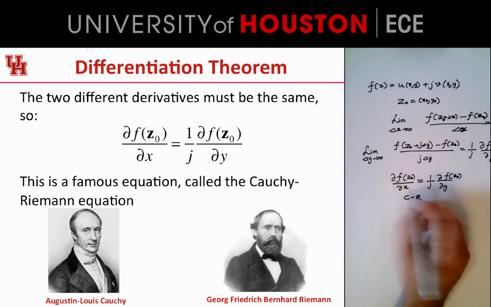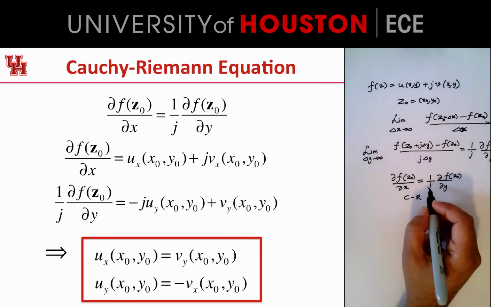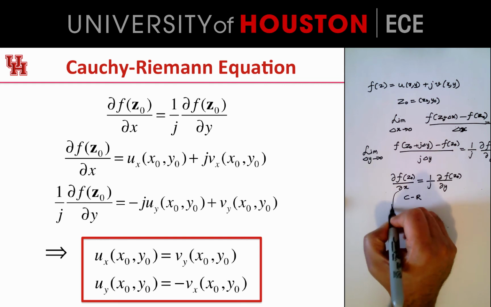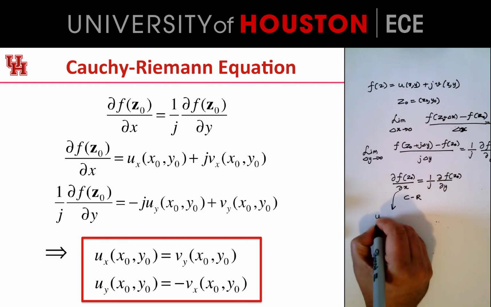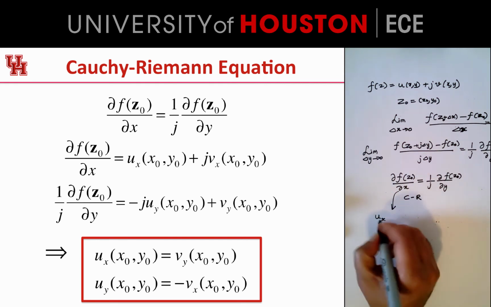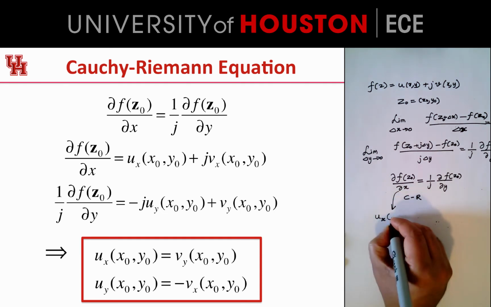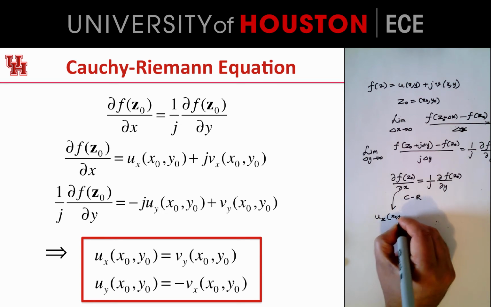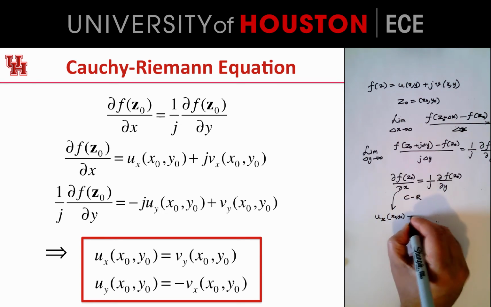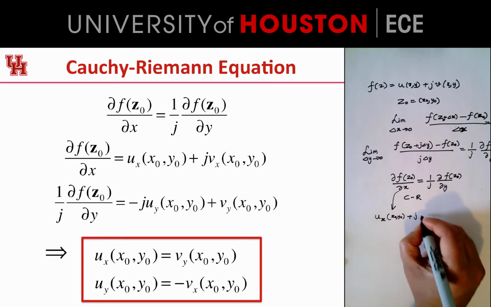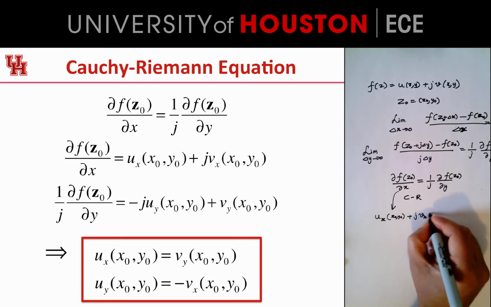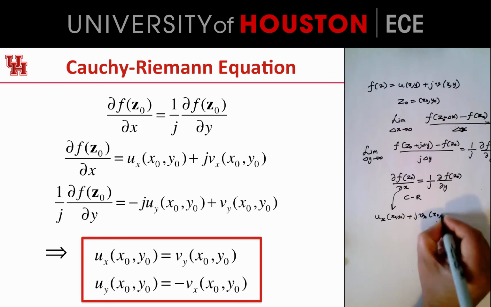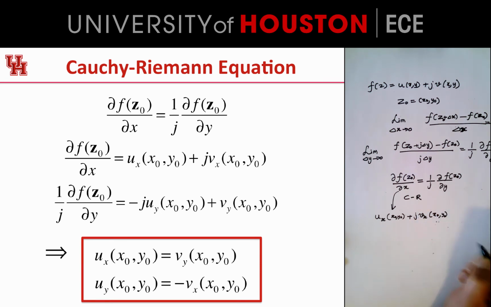Now we can expand this out. Basically, this can be written as the partial derivative of u with respect to x, which we can represent compactly as a subscript, u x, just for compactness of notation, at the point x naught, y naught, plus j v x, the function v differentiated with respect to x at the point x naught, y naught.